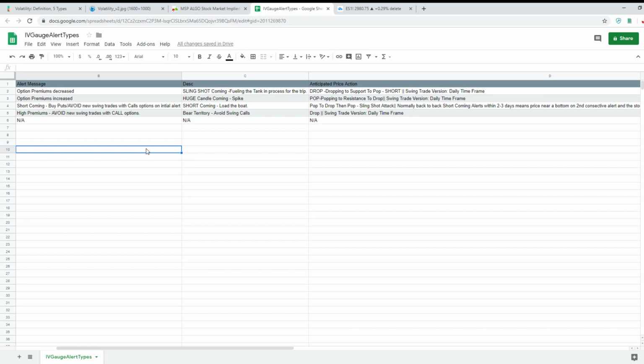Well, if the market is expecting a move, the volatility is going to go up. So that means that there's going to be more demand. Okay, so that means that the premiums are going to go up.